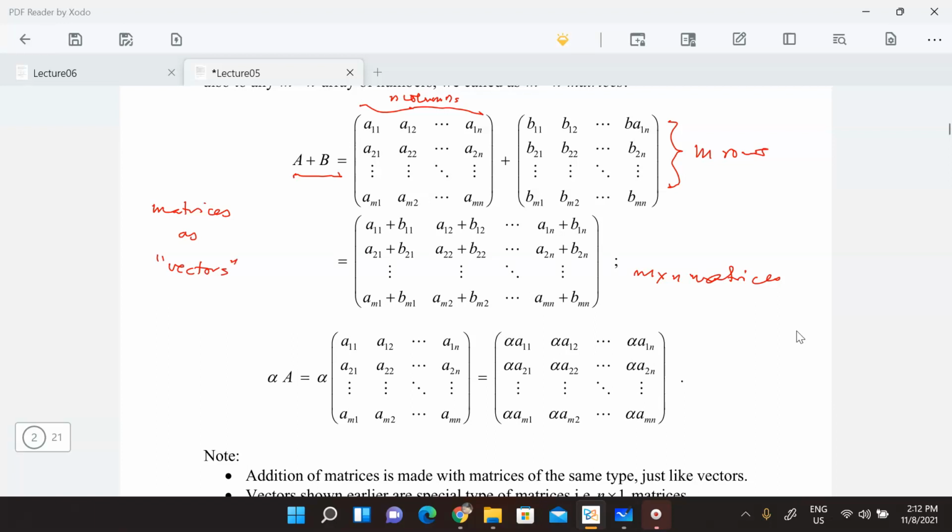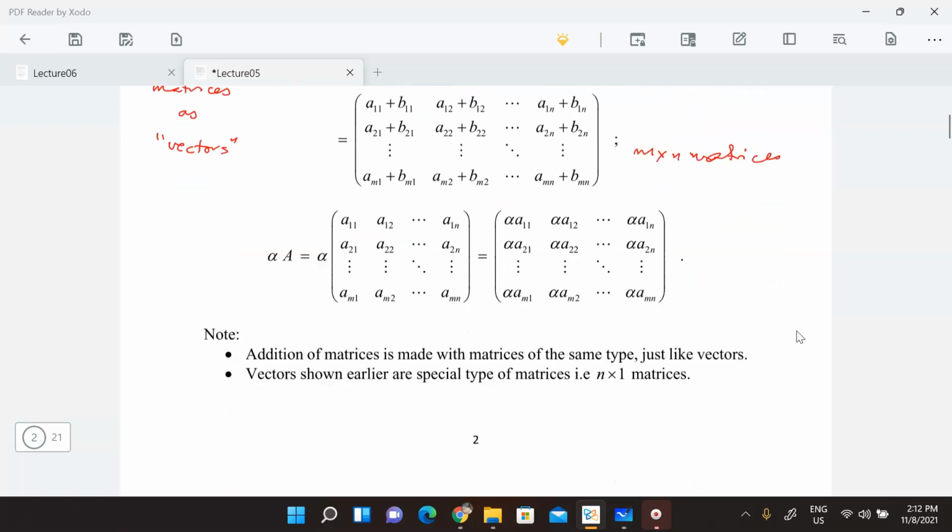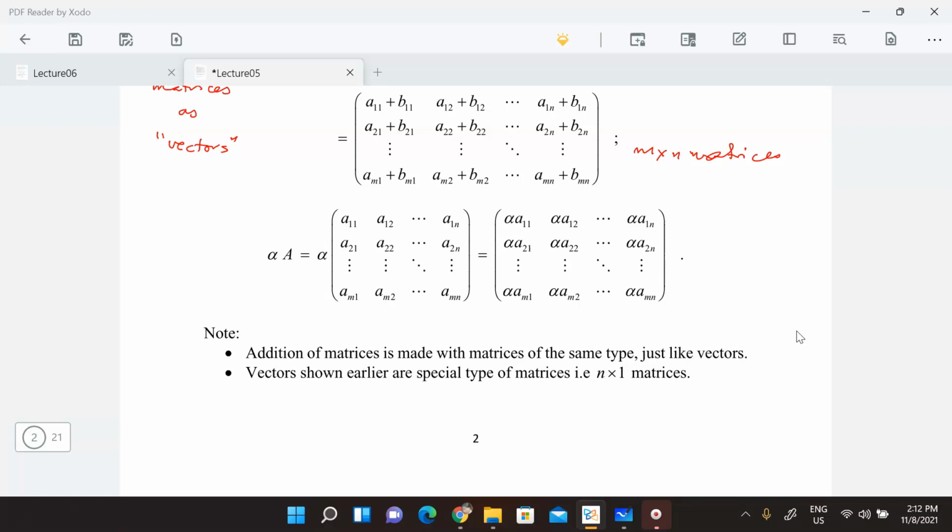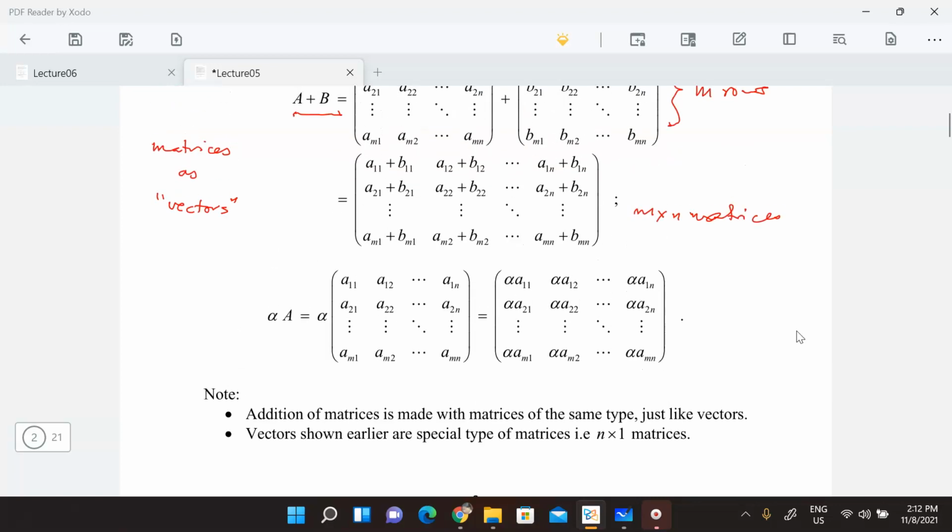Because you have these two operations that define the algebraic operations that you have for vectors. How is this so? First of all, you can see the ordinary vectors that we had earlier, which are column matrices. A column matrix is just a special case of that.